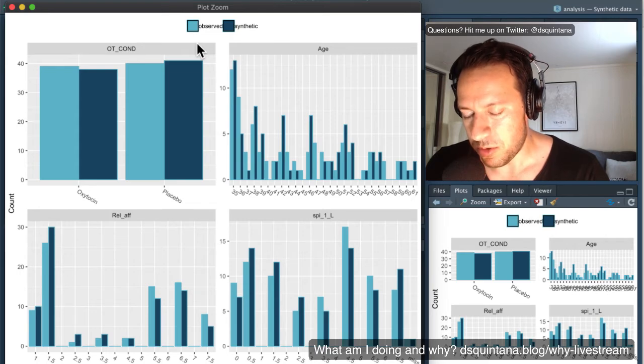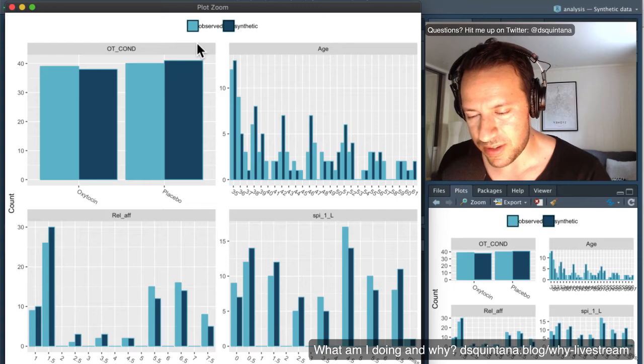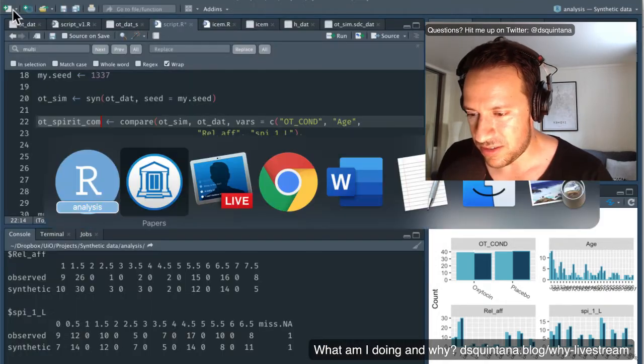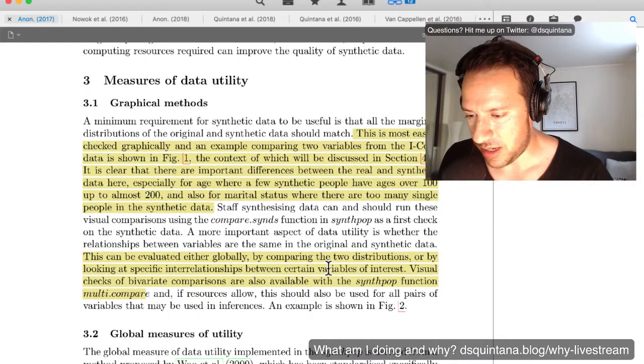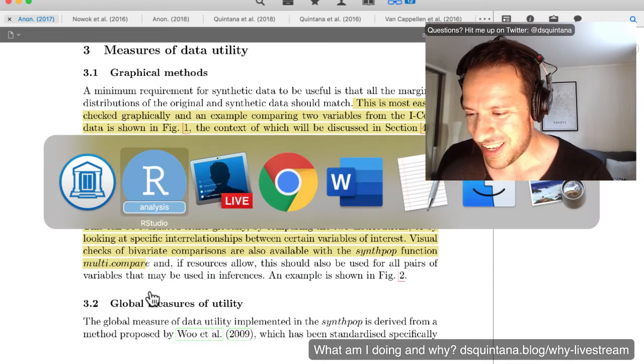But what we want to look at is the relationships between these variables. We want to make sure that the distributions between these variables, or the patterns, are actually quite similar. And as is suggested in the documentation here, you can use this multi-compare function, which I just discovered from reading this paper, and it seems really cool.